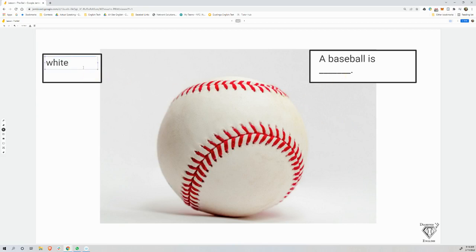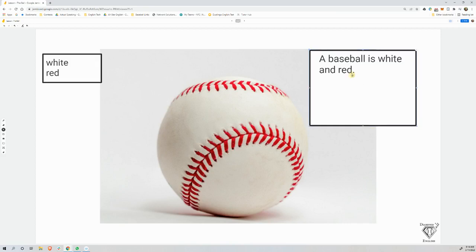Now, the baseball is white and the baseball is also red. So we can say a baseball is white and red. A baseball is white and red.